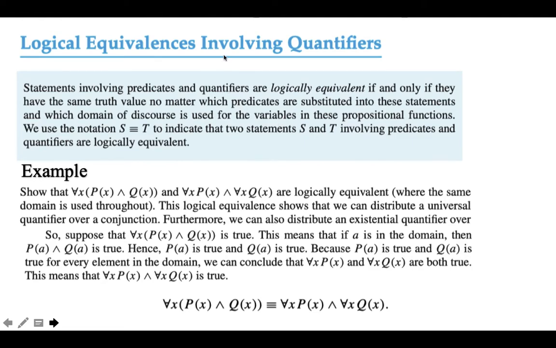Now we come to the logical equivalences involving quantifiers. Statements involving predicates and quantifiers are logically equivalent if and only if they have the same truth values, no matter which predicates are substituted into these statements and which domain of discourse is used for the variables in these propositional functions.